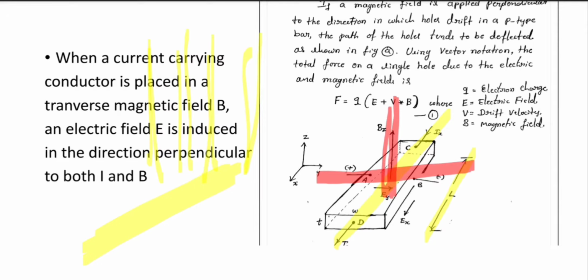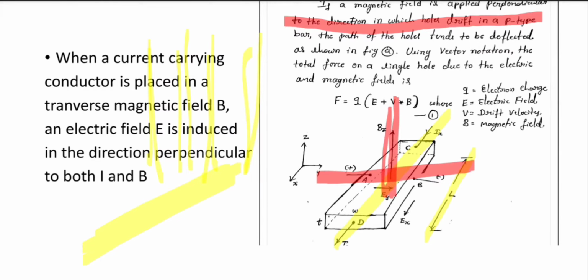If a magnetic field is applied perpendicular to the direction in which holes drift in a p-type bar, the path of the holes tends to get deflected. In the video which I sent yesterday, you might have seen the holes getting deflected to the other end of the solid.